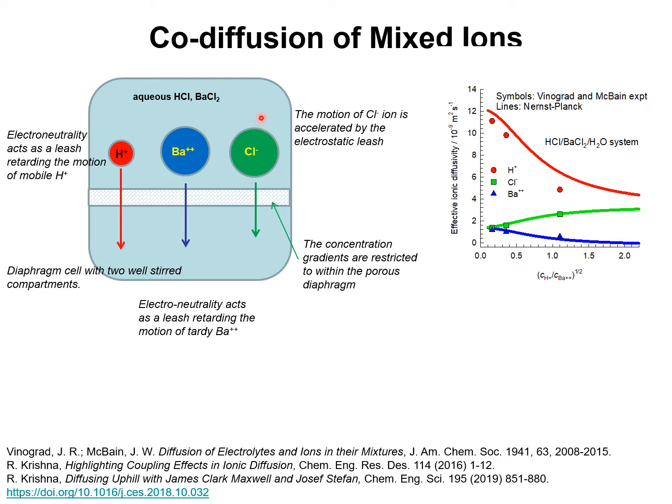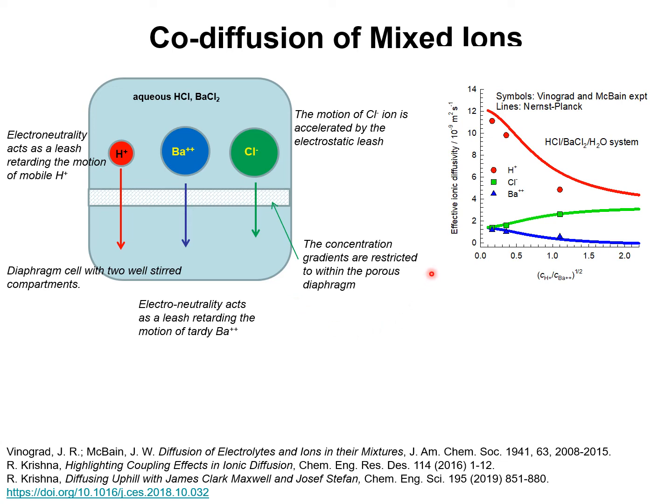Since the two compartments are well mixed, the concentration gradients of each of the ionic species are restricted to the thickness of the porous diaphragm that separates the two cells.